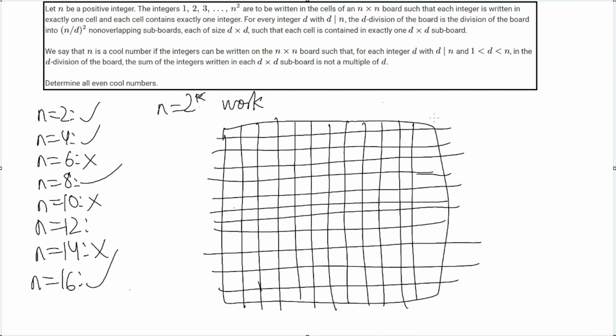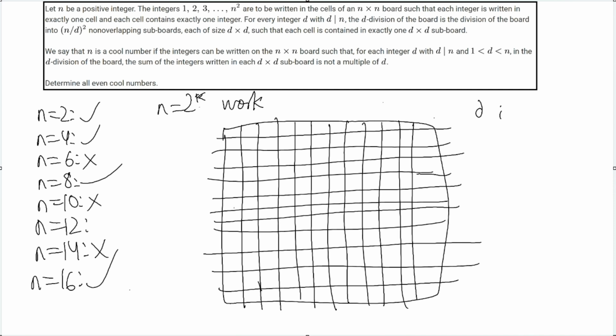So what's so special about 12? Well, let's see what was special about powers of 2 that might have made this work. Notice how when we have powers of 2, we have that d is always even. So we only really had to worry about even numbers. But in the case where we have 12, we could have that d is odd.